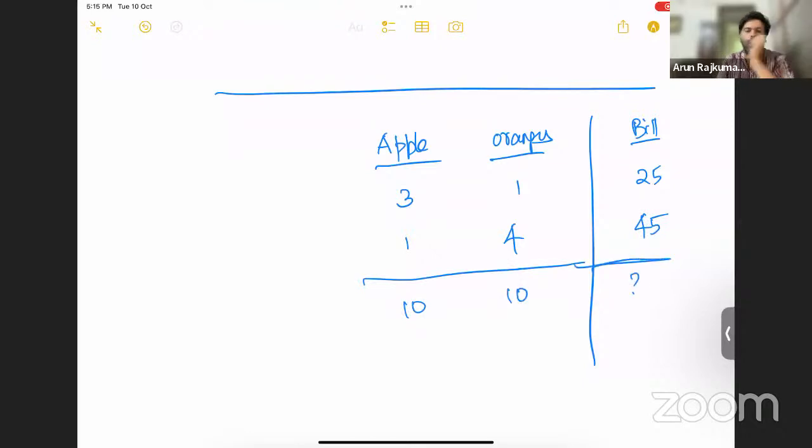How would you solve this? So what is the price of apple and what is the price of 1 orange? Any guesses?